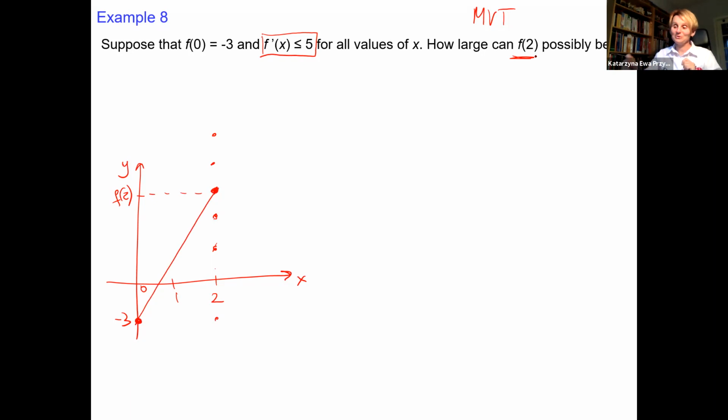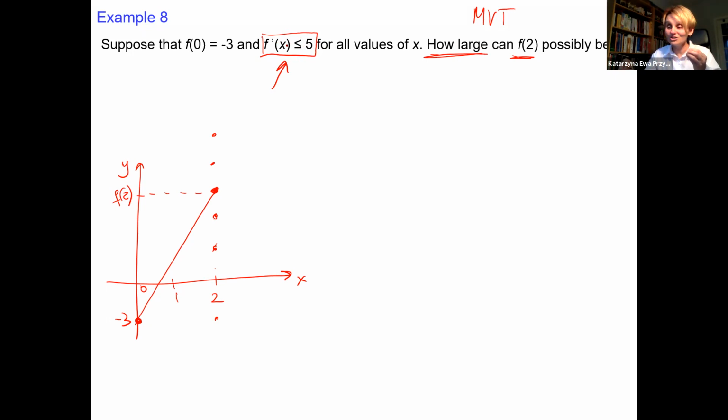But what we can use, we know that this average rate of change, the slope of this line that I just drew, is actually the same as the slope, like the derivative. And since they're asking for how large f of 2 could be, we have to find the largest value of f of 2. What is the largest value of the slope?